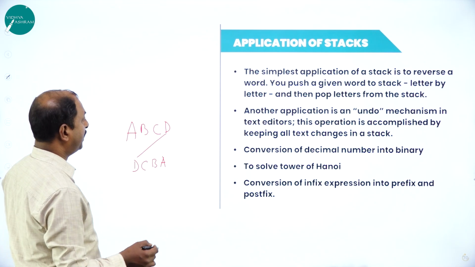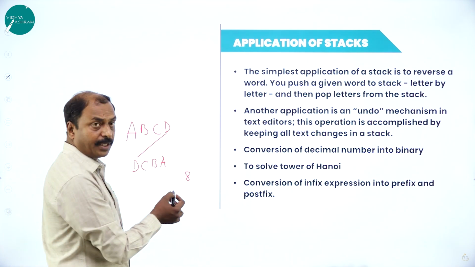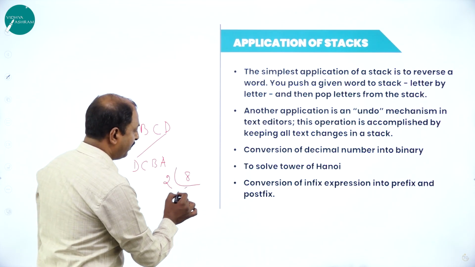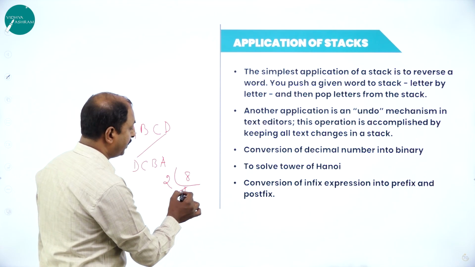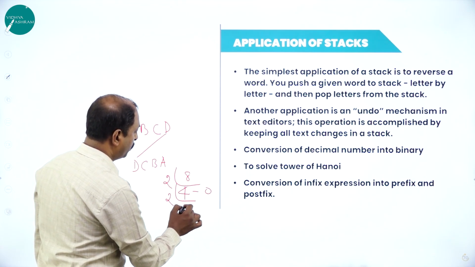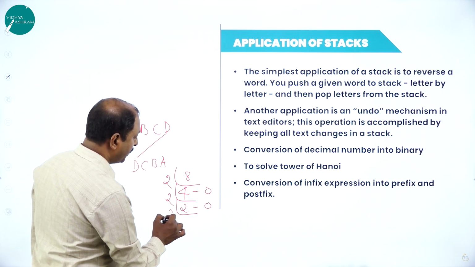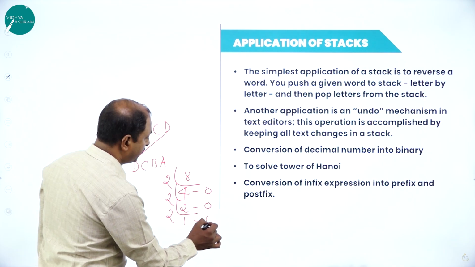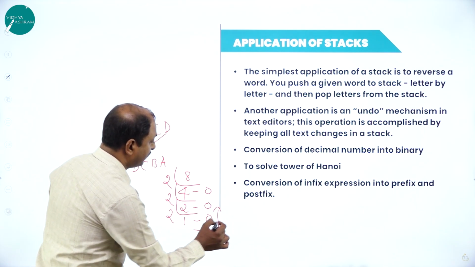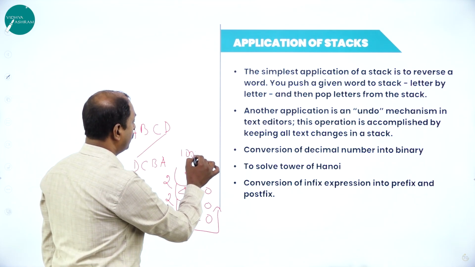What is the logic here? Suppose I want to convert decimal number 8 to binary, we have to keep dividing the number by 2 and we store the remainder. Here 2 4s are 8, remainder is 0, and again 2 2s are 4, remainder is 0, and here 2 1s are 2, remainder is 0. So at last we keep the answer like this, 1 0 0 0.